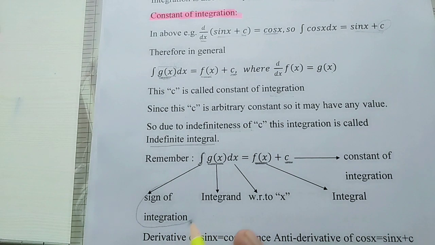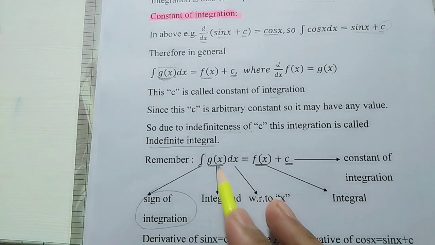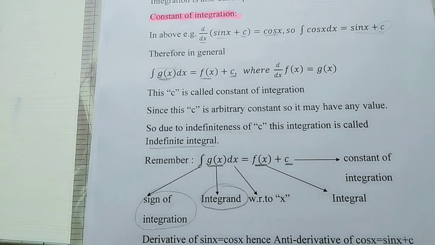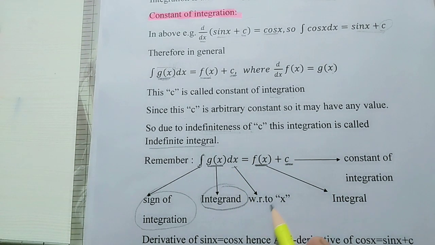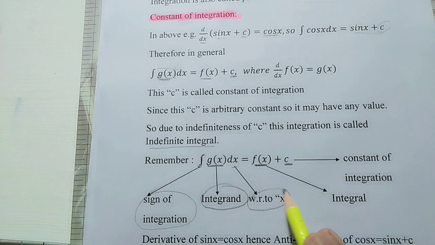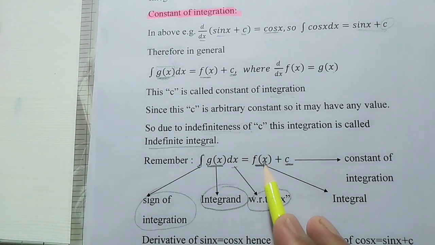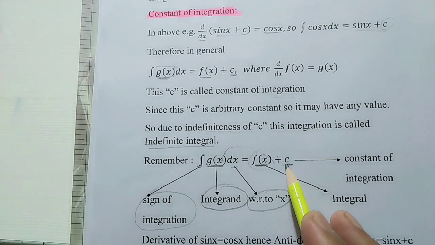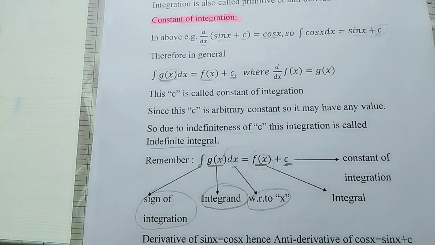The function whose integration is performed is called the integrand. The dx sign shows that we are performing integration with respect to x. And f(x) is called the integral. Obviously, if we differentiate f(x), we will get g(x). And c is called the constant of integration.